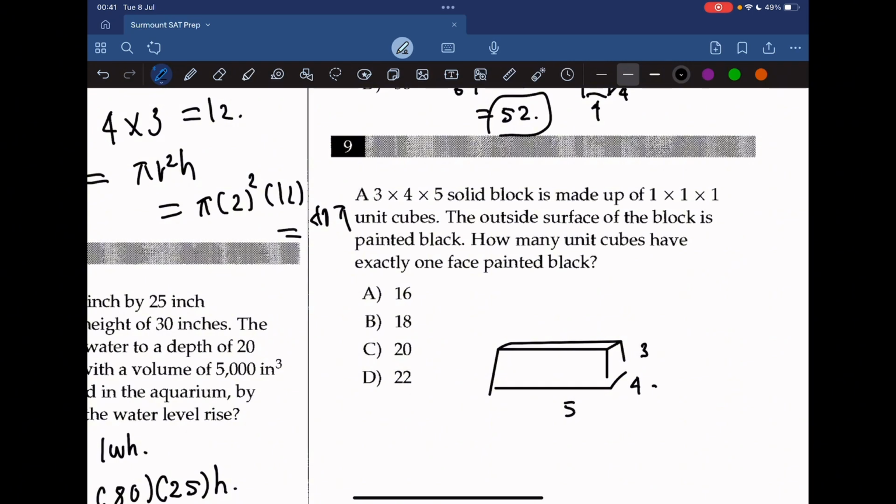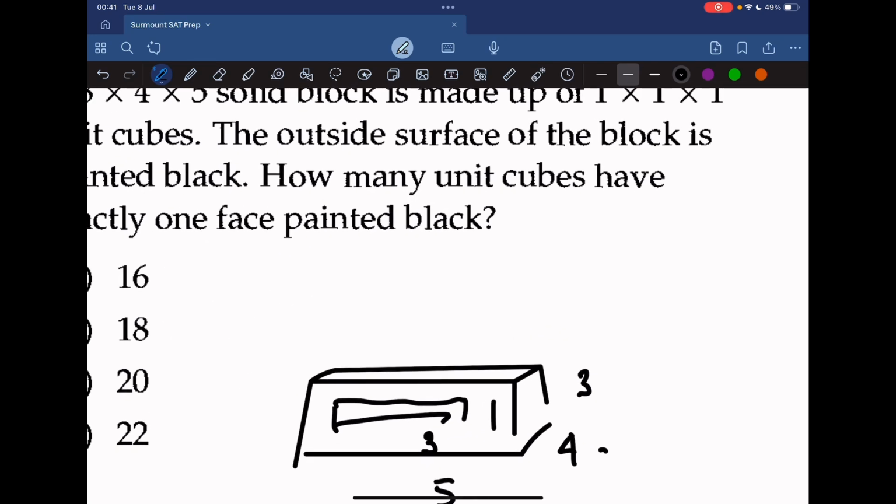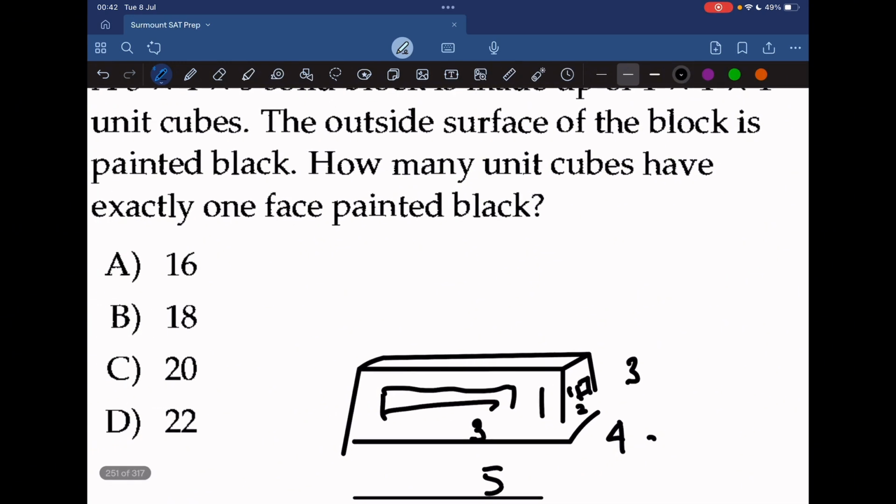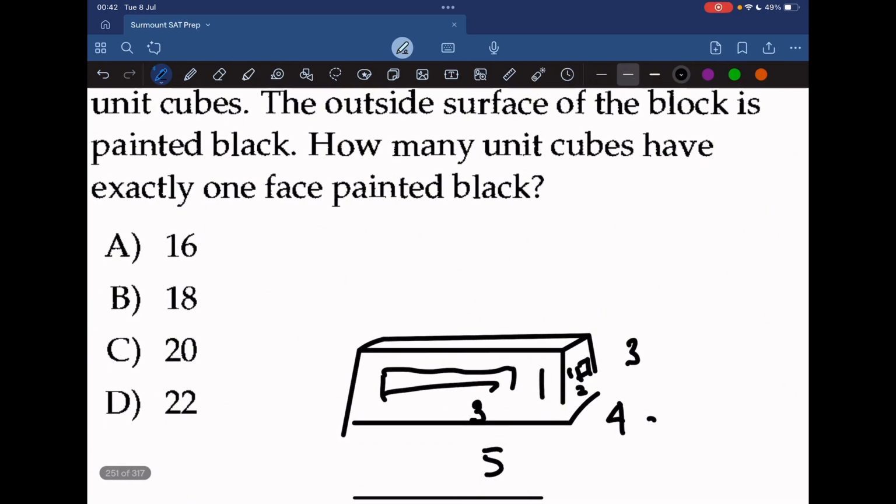The outside surface of the block is painted black, right? So that means that the only cubes that have exactly one face painted black would be the ones in the middle of each side, right? So it would be 3, 1 here. In this case, it will be the 2, 1. And the top has 3 times 2, so it will be 6 cubes at the top.